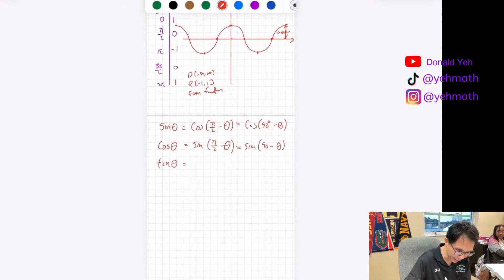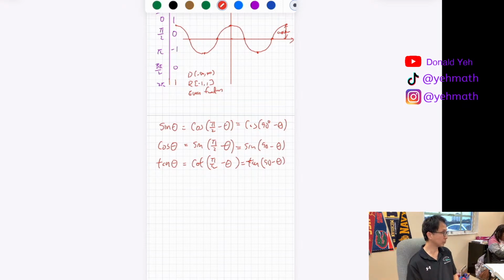Tangent of theta is equal to cotangent of pi over 2 minus theta, or cotangent of 90 minus theta. Very important that you know this.